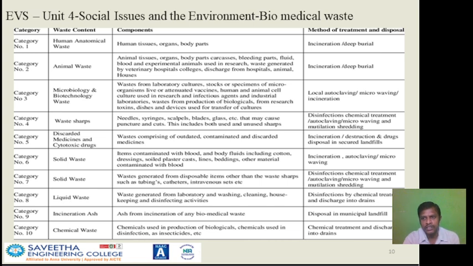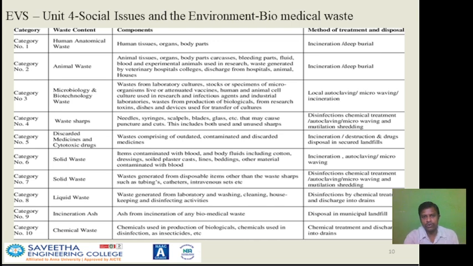It can be incinerated or deep buried. Category 3 is for microbiology and biotechnology waste: waste from laboratory cultures, stocks or specimens of microorganisms, live or attenuated vaccines, human and animal cell cultures used in research, and infectious agents. It can be treated by local autoclaving, microwaving and incineration.